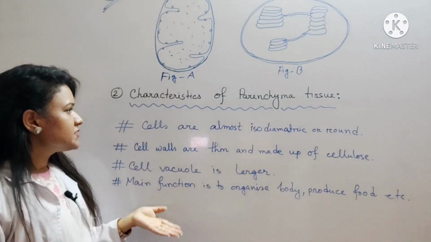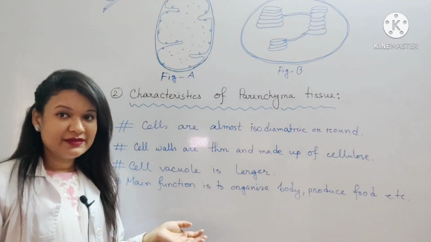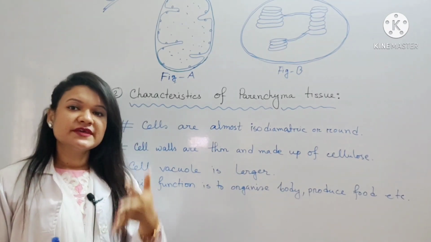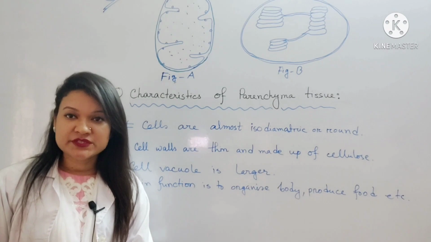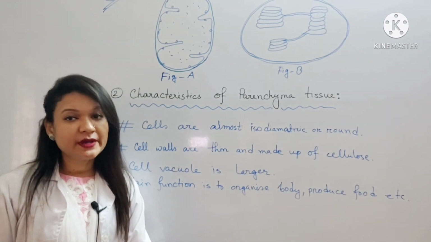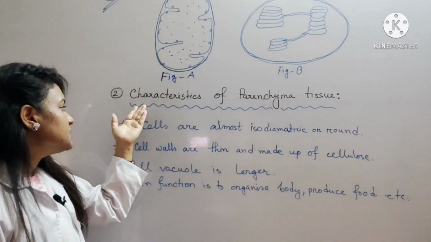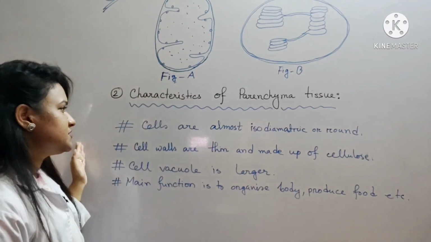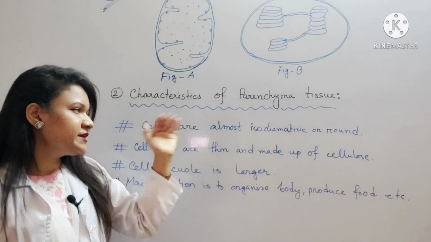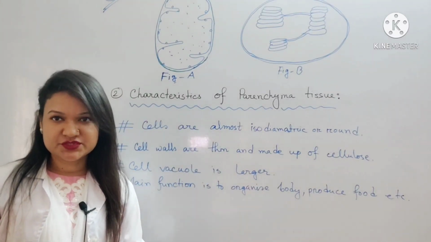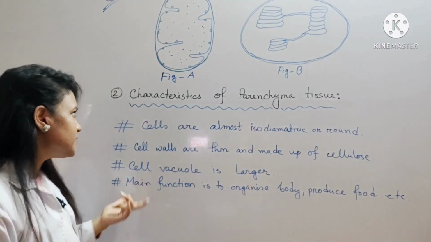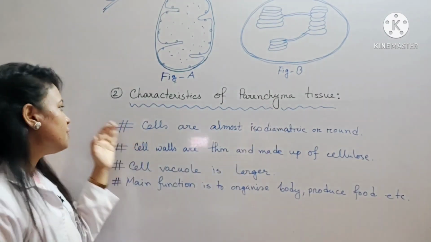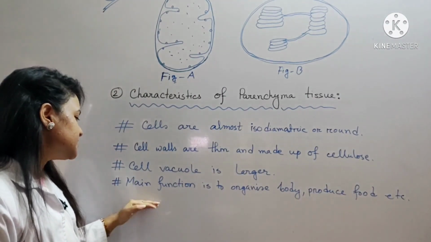Nostoc and blue green algae, and so on. So, this is the characteristics of parenchyma tissue, and this is our comprehension based question. If you want to get 2 marks in a comprehension based question, first of all you have to write down the definition or knowledge based part. That is, in our question, write down the characteristics of parenchyma tissue is actually our question. So, first of all you have to write what parenchyma tissue is, and then you will go for the characteristics of parenchyma tissue.